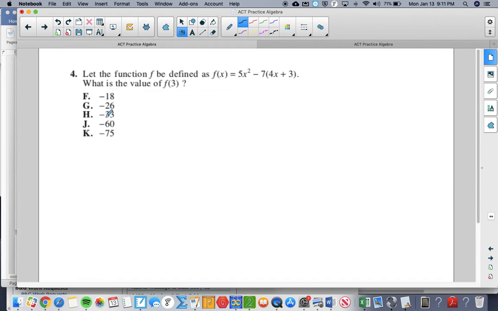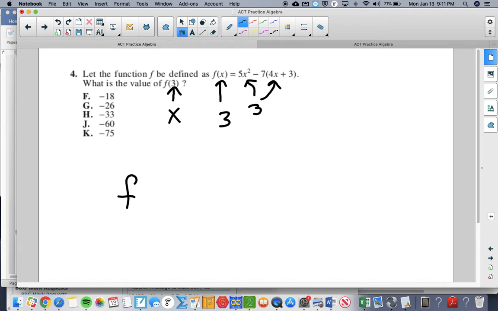Number 4, let the function f be defined as f of x equals 5x squared minus 7 times parentheses 4x plus 3. What is the value of f of 3? So remember, this represents an x. So 3 could go in there, but 3 most importantly will go in right here and right there.